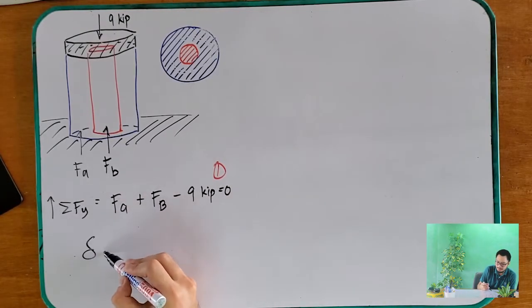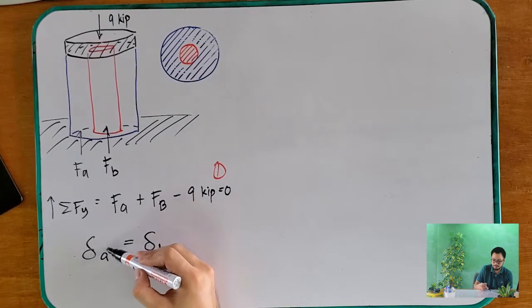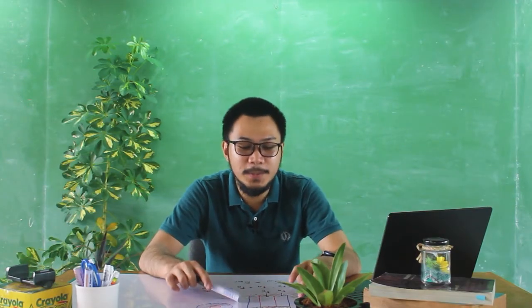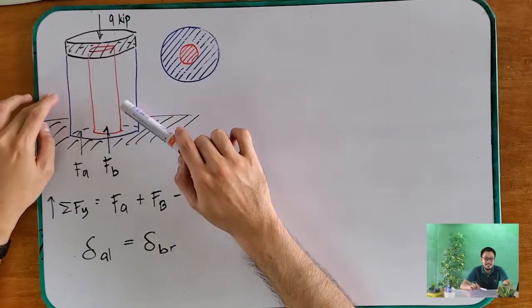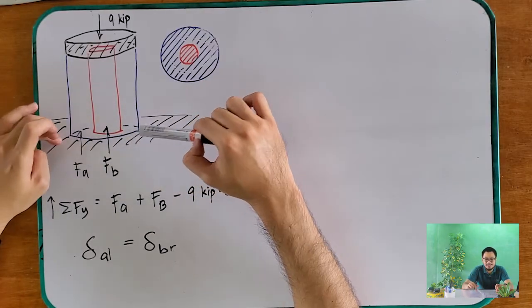So the deformation of your aluminum is equal to the deformation of your brass. Since the end at the bottom is supported on a floor and the top has a rigid plate, we can say that the deformation of the aluminum and the brass is equal. Okay, so let's use this one.